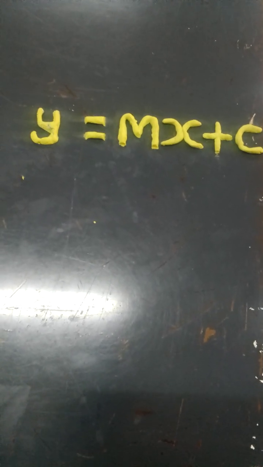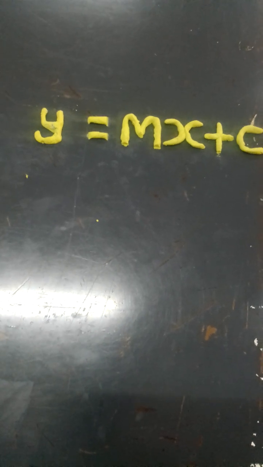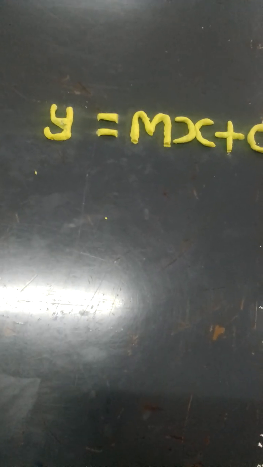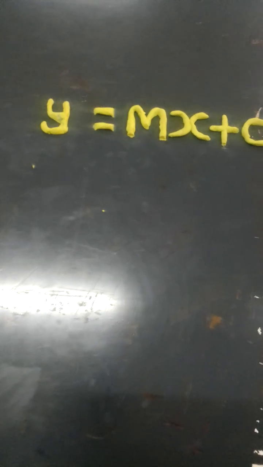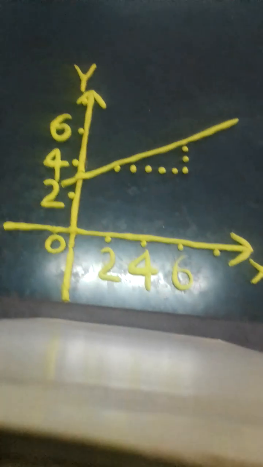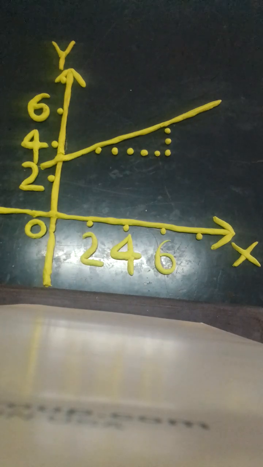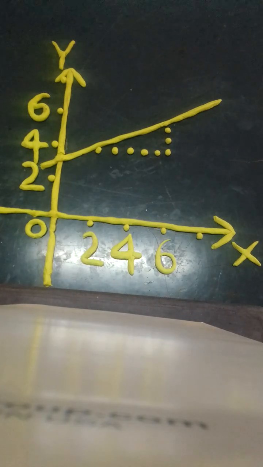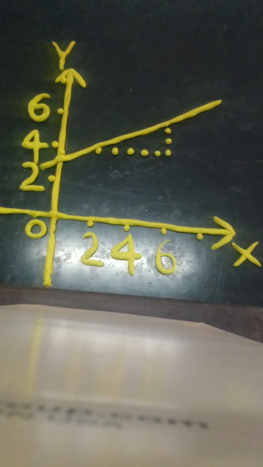In this case, m is the gradient of that line, and c is the y-intercept. So in our case, the value of c is 3. That is where the line crosses the y-axis, when x is 0. We found that the value is 3.